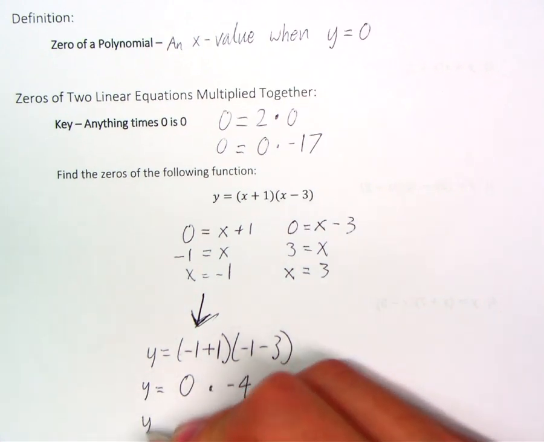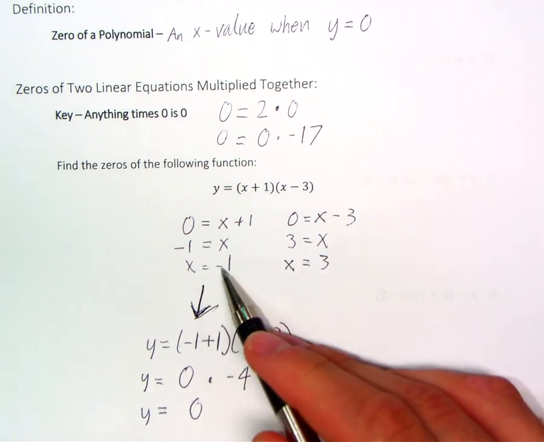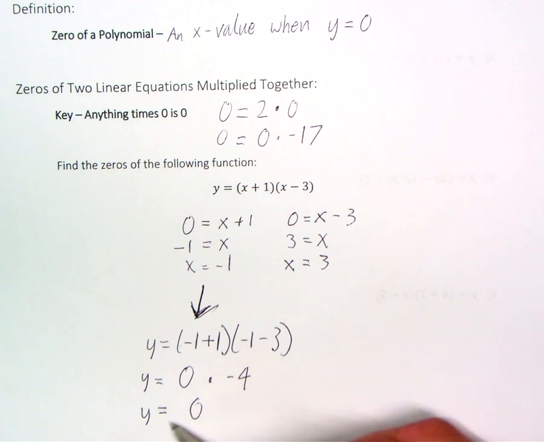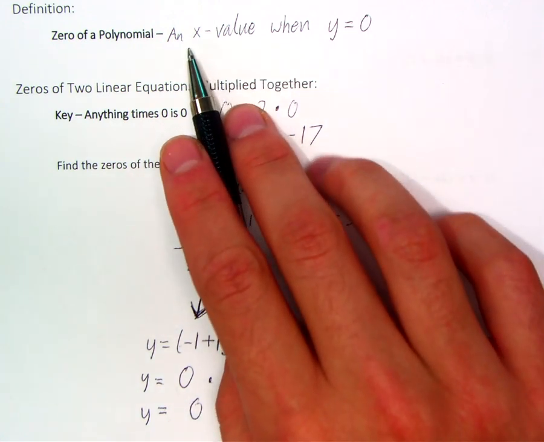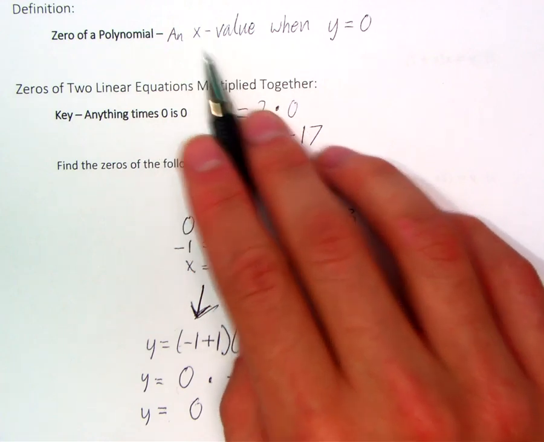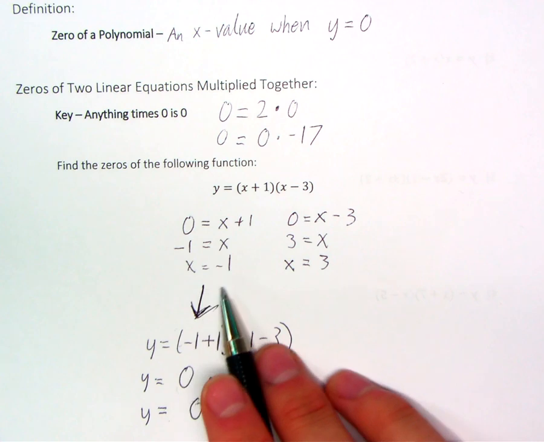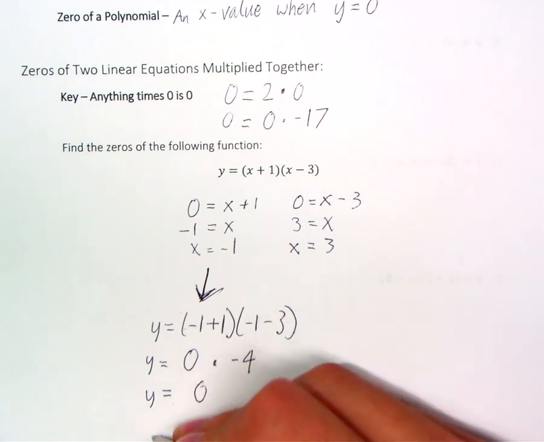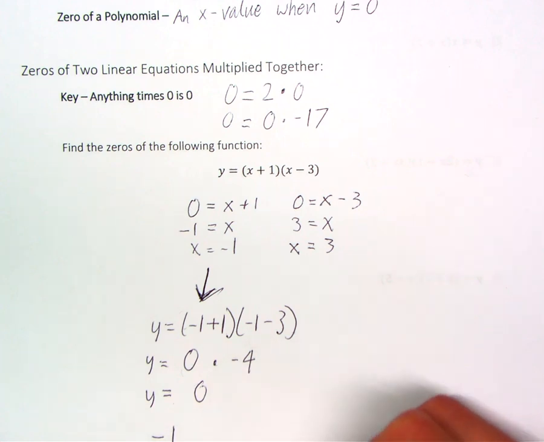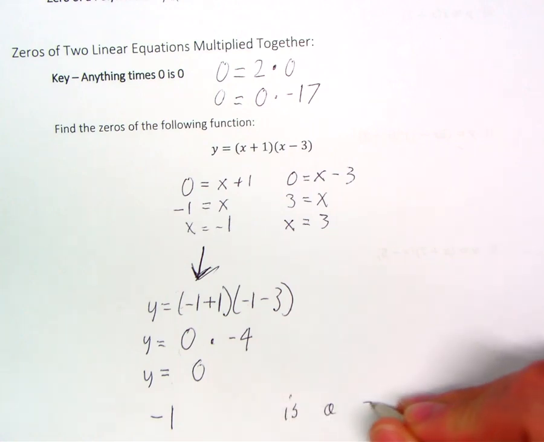We know the answer to that. The answer is going to be 0. So when x equals negative 1, y is equal to 0. But look at this. Our definition of a zero of a polynomial says it's an x value when y equals 0. So if x being negative 1 makes y equal to 0, then negative 1 is going to be a zero of the polynomial. Okay? Negative 1 is a zero.